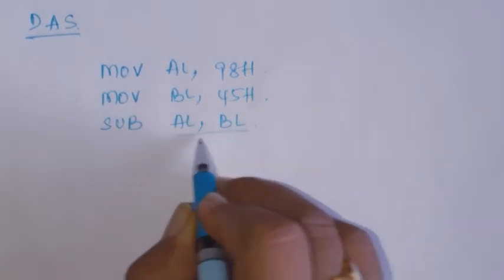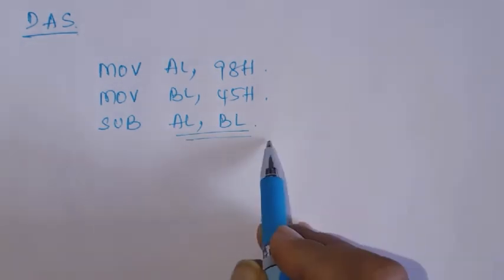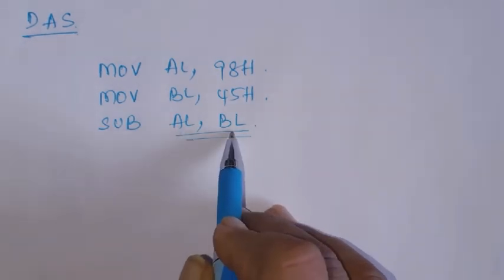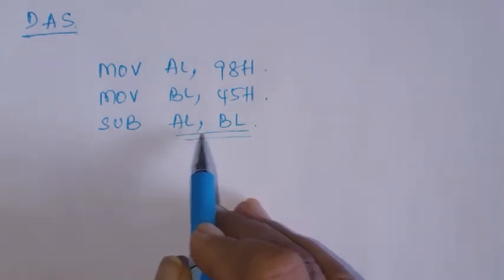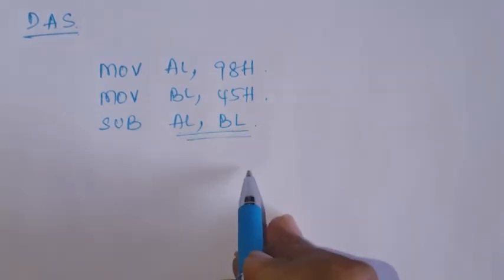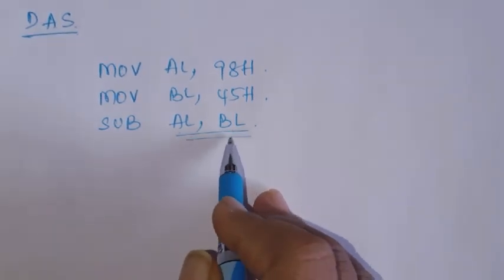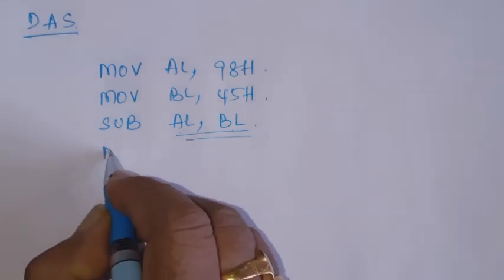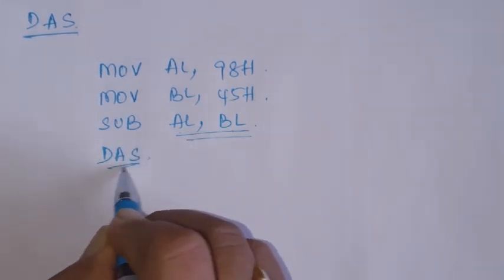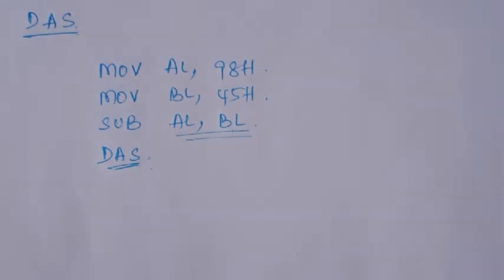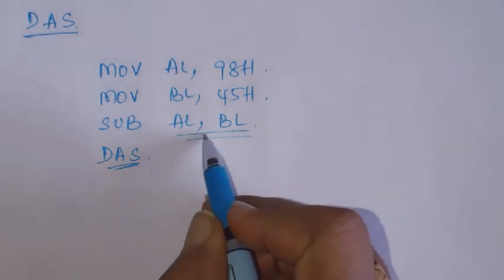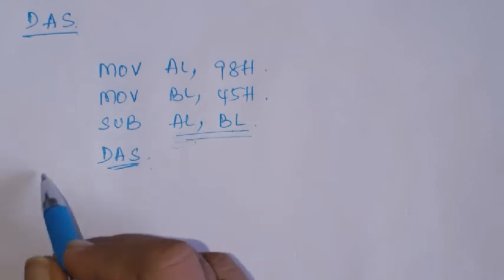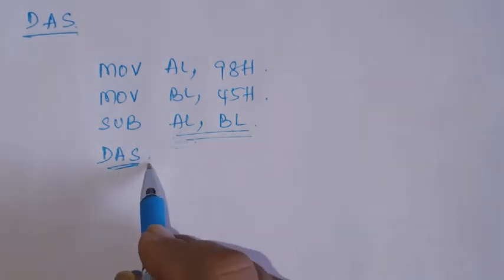What this instruction does is, binary subtraction is performed, AL minus BL, isn't it? And the result will be in binary, but I want the result in decimal. So I have to use the instruction DAS after this. So the result which is there in AL will be adjusted to the decimal equivalent.